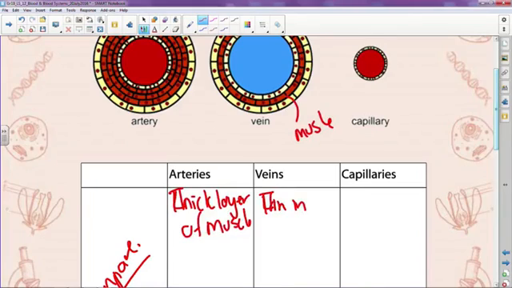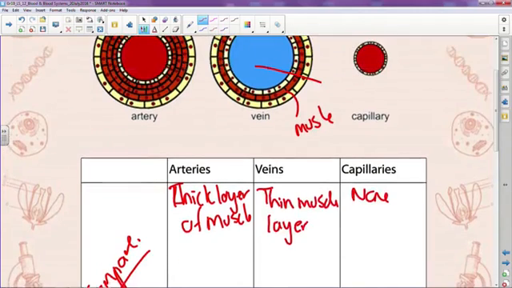There we go. Thin muscle. Let me write that over again for you quickly. A thin muscle layer. Right, and capillary has none. And then you would do that for each of them.